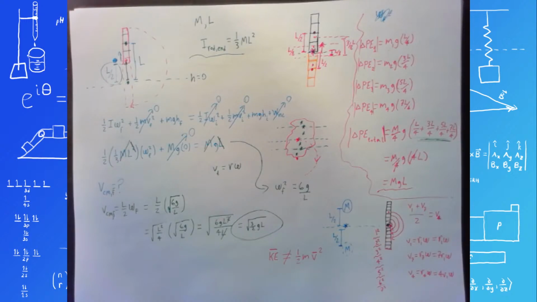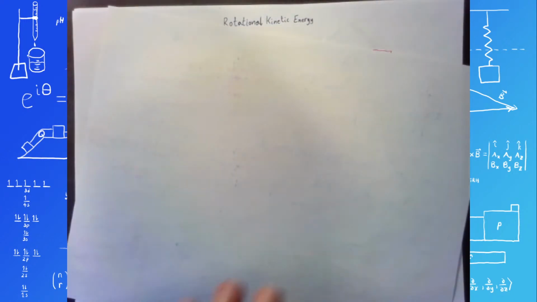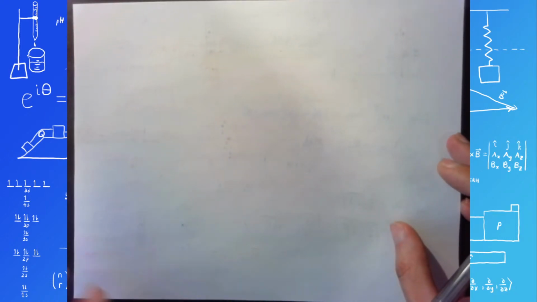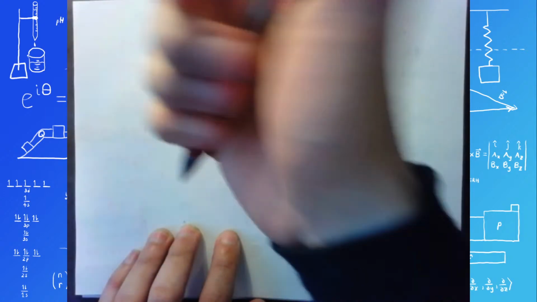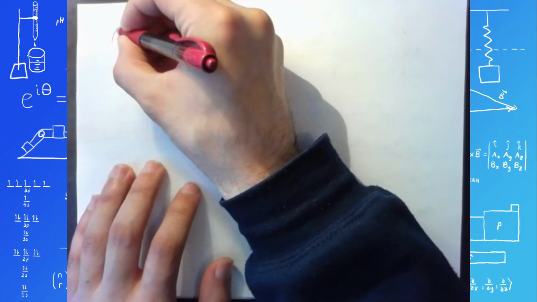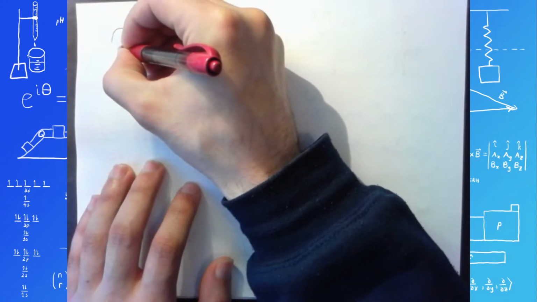So now that we know about rotational kinetic energy, there is a classic problem of comparing multiple objects rolling down a ramp. I like to call it the amazing race. Okay, here is the amazing race. So we are going to have, as our contestants, a ring or hoop.